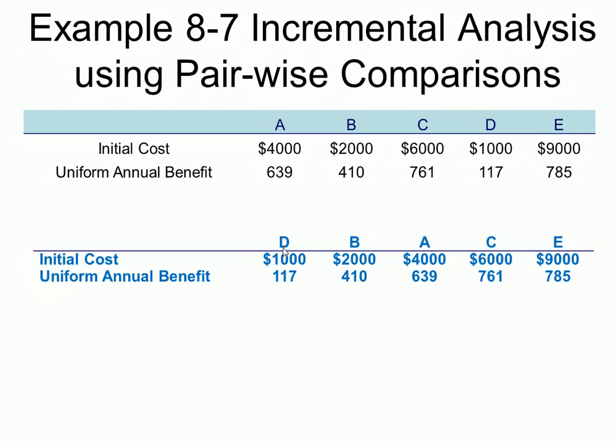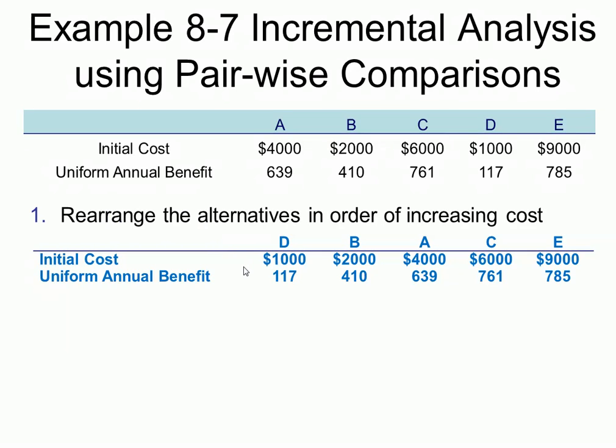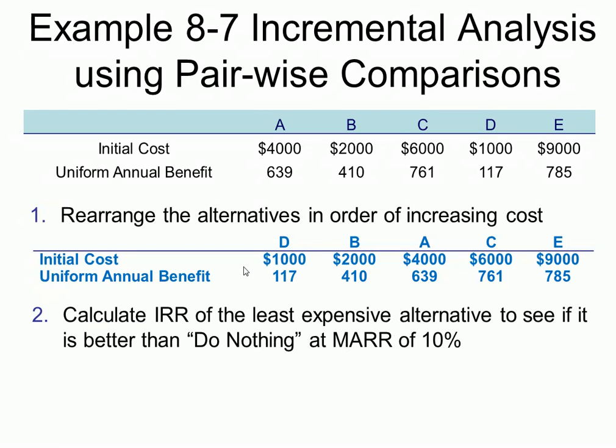So then, as I mentioned earlier, we would rank it as D, B, A, C, E. And then we would compare D to doing nothing. Right, so we rearrange alternatives in order of increasing cost. Then we calculate the internal rate of return of the least expensive alternative to see if it's better than doing nothing and the minimum attractive rate of return.